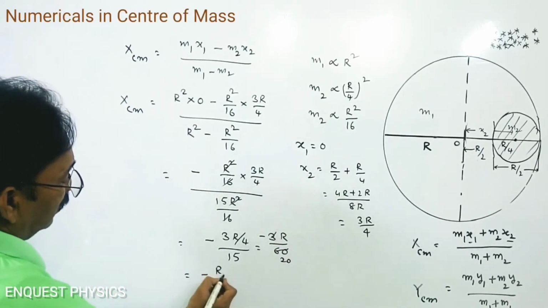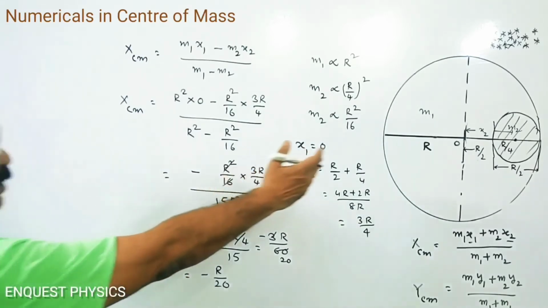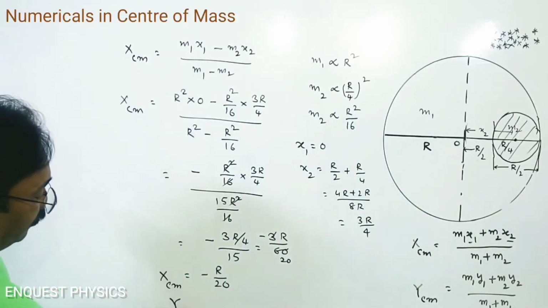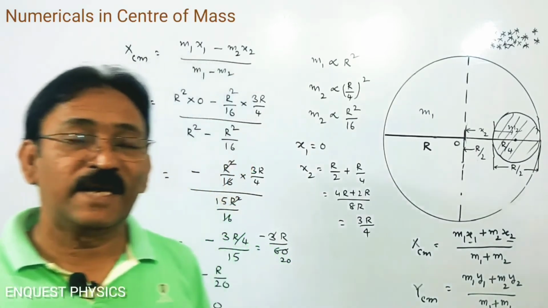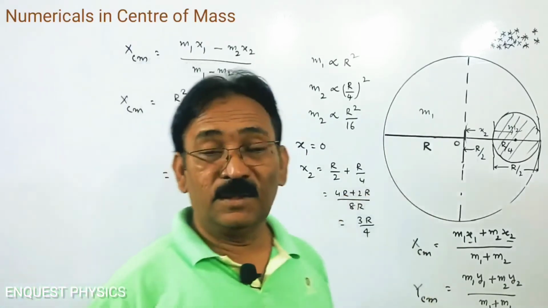That is minus r by 20. It moves to the left. Similarly, you can find the YCM as 0. This is the way to solve these kinds of problems, whatever the position of the removed plate.